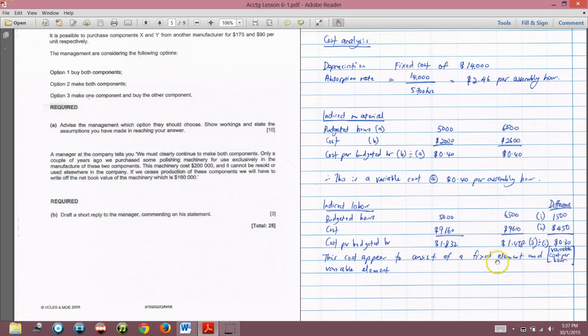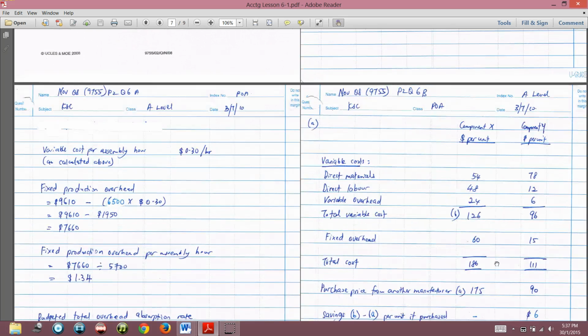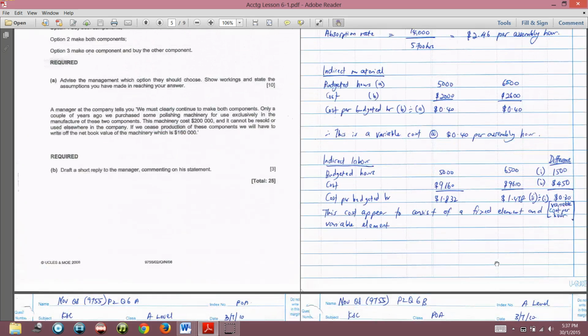So that means, let's say if we take the difference from 5,000 to 6,005, the difference is 1,005. Now, what is a fixed element of indirect labor?